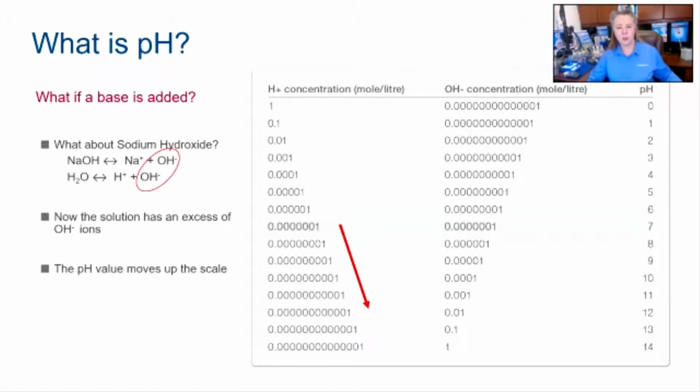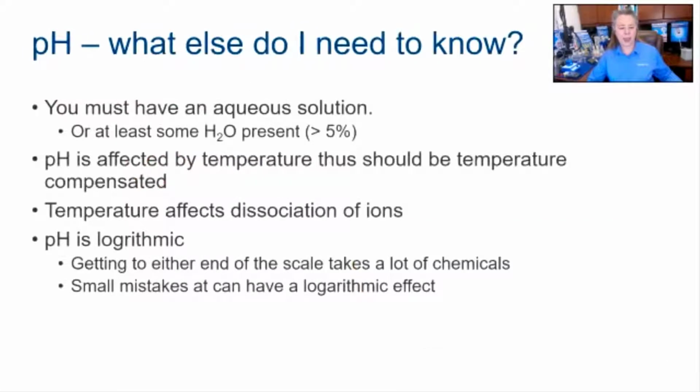So what else do we actually need to know about this? Well, we need to have an aqueous solution in order to measure pH. It cannot be done in organic chemistry, not this way. That means you need at least 5% water in your solution.